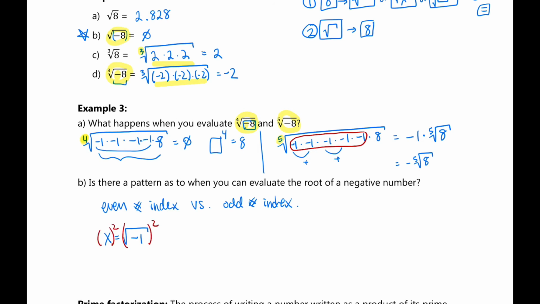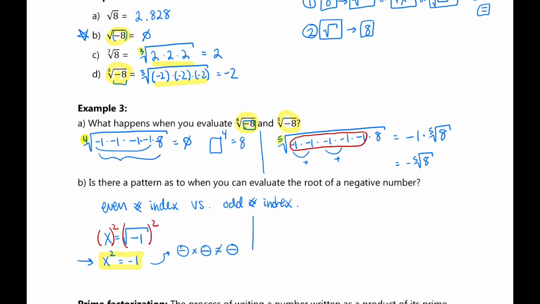That's reversing the step. We would get x squared equals -1. But is it possible to have the square of a number be a negative number? This statement is invalid. For example, negative times negative can never equal another negative value. And this is why the statement fails.